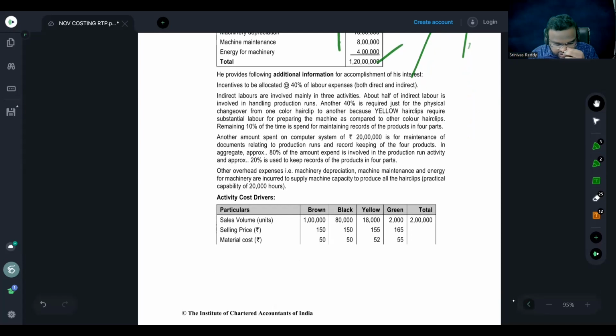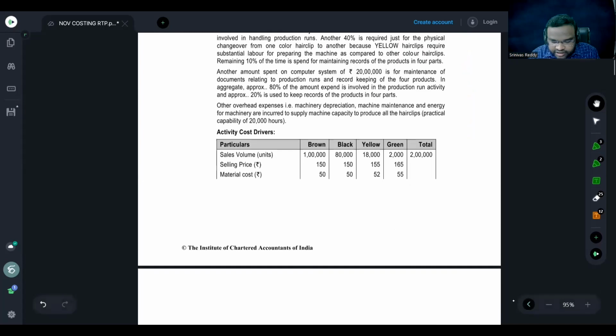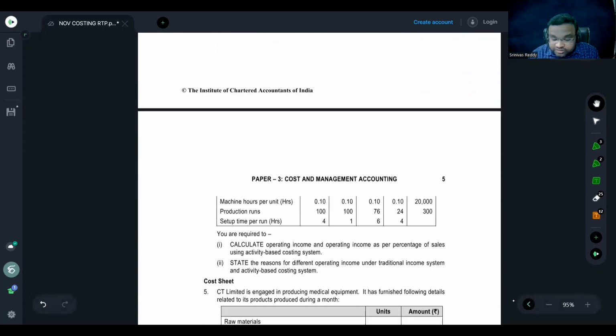Activity cost drivers are given. Sales is given. Selling price, material cost, machine hours per unit are given. How many production runs is also given, and setup time per run. So number of production runs into setup time per run gives the total setup time.